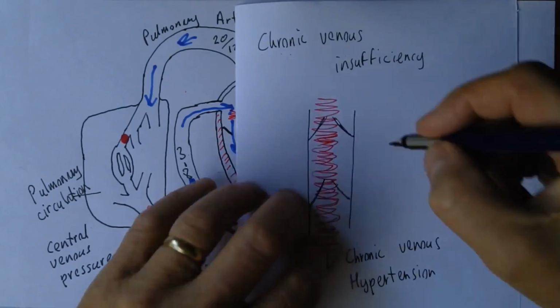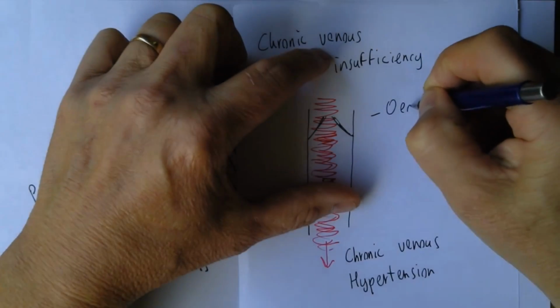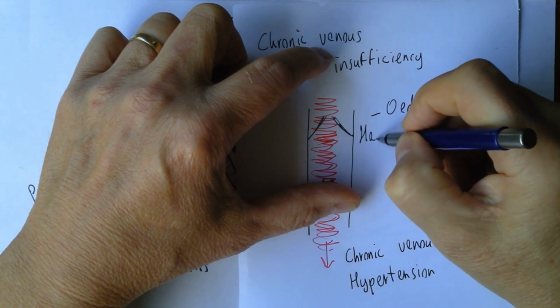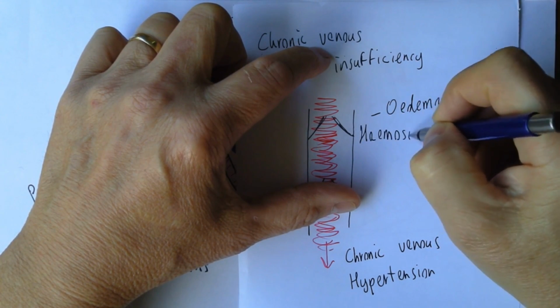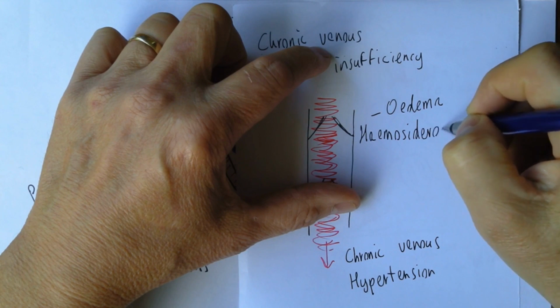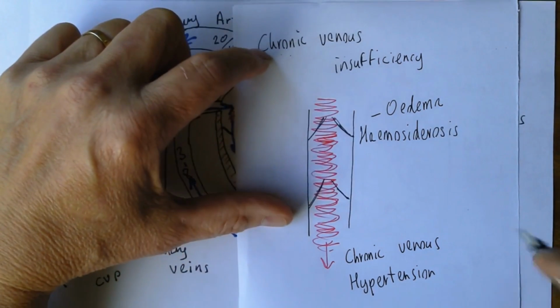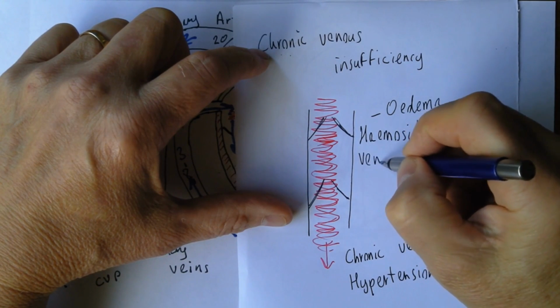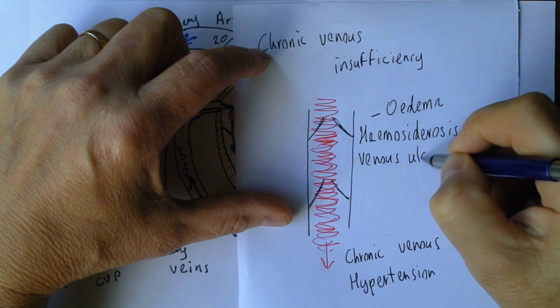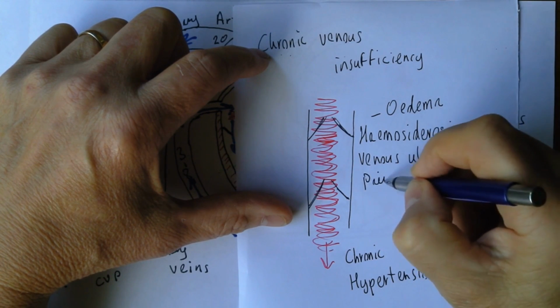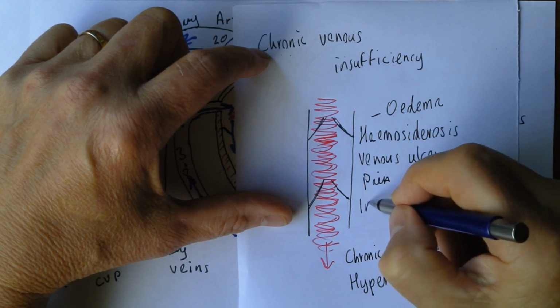And this gives us clinical features such as edema, and we get the brown staining, the hemosiderosis. But it can lead to venous ulcers, which are painful, and it can also lead to infection.